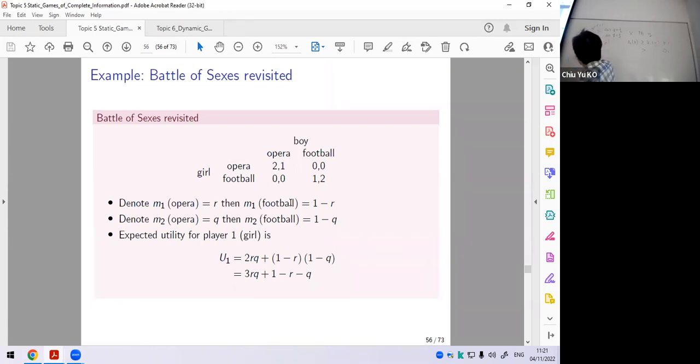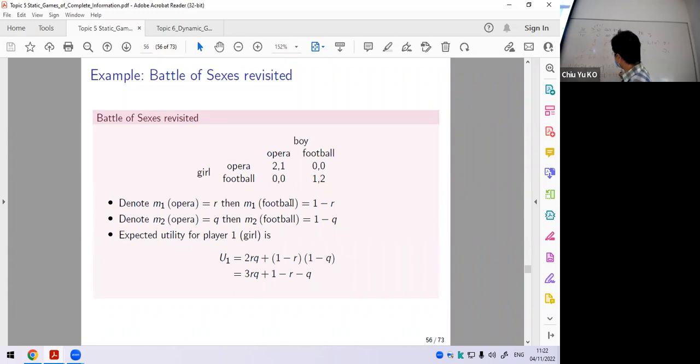That means if you use the pure strategy opera, the payoff will be 2 times Q plus 0 times 1 minus Q. And you can also look at the payoff under football, which will be 0 times Q plus 1 times 1 minus Q. Okay, this is 2Q, and this is 1 minus Q. Is that clear what I'm doing?